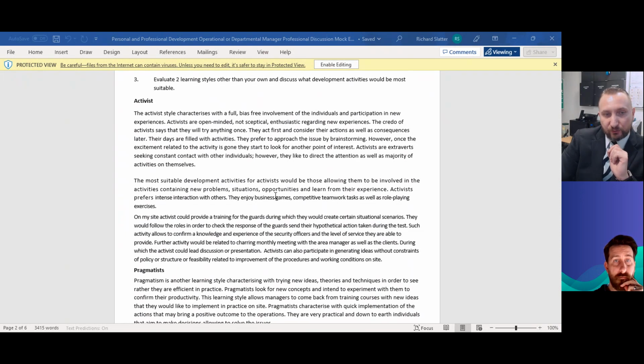A further activity would be chairing monthly meetings with the area manager, for instance, or with the clients. During such meetings, activists could lead a discussion or presentation. They could also participate in generating ideas without constraints of policy or structure or feasibility related to improvement of the procedures and working conditions on site.